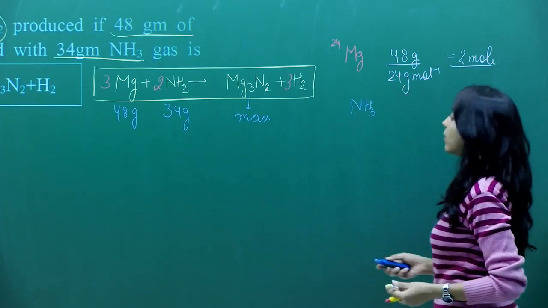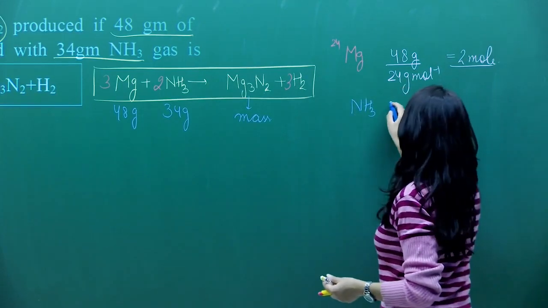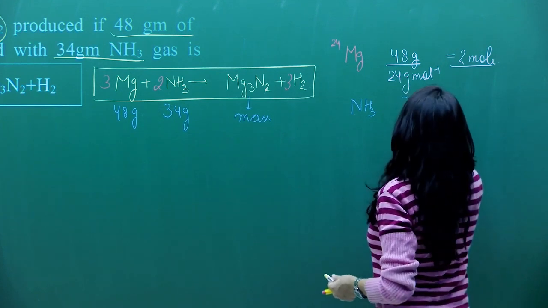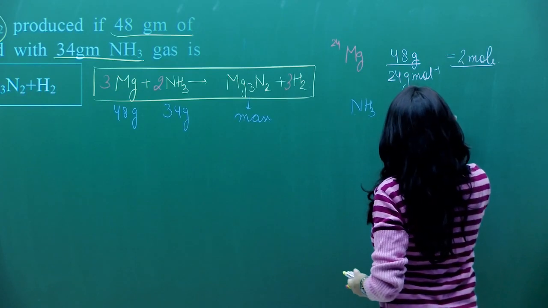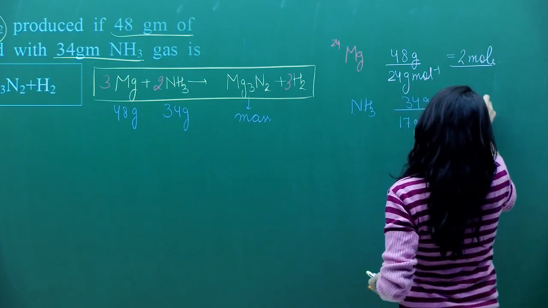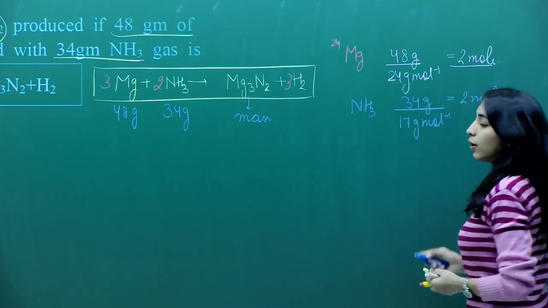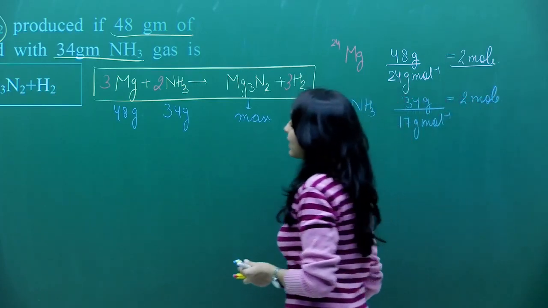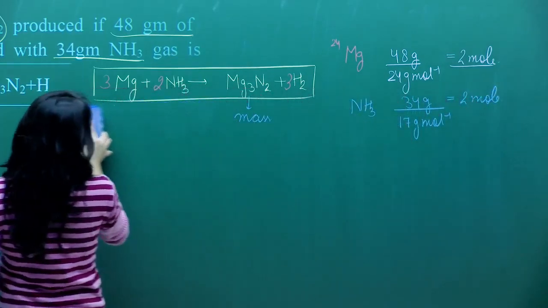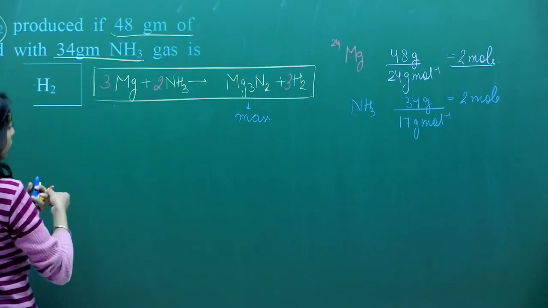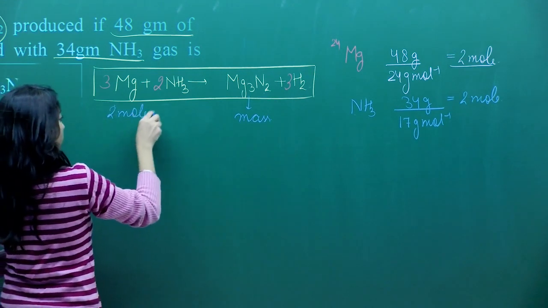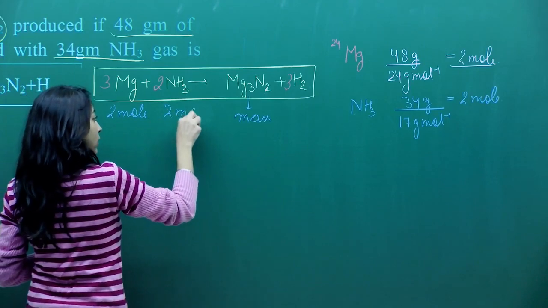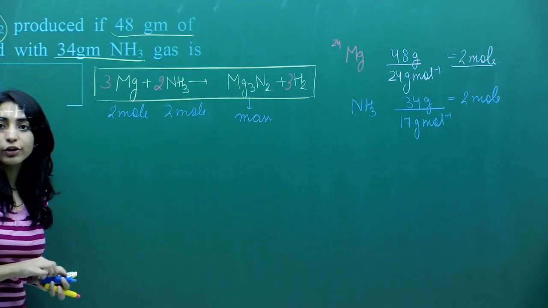Ammonia is 14 plus 3, 17 grams per mole, and you are given 34 grams. So the answer is again 2 moles. Okay, so you finally have 2 moles of magnesium and 2 moles of ammonia that are given to you.